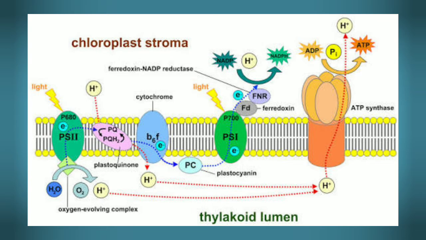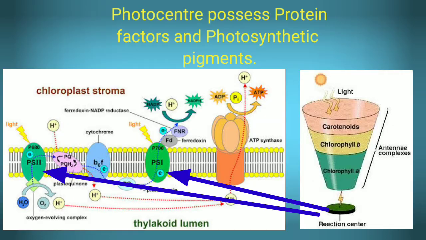These photocenters are made up of some protein molecules, and along with that there occur the photosynthetic pigments, which are chlorophyll A, chlorophyll B, carotenoids, xanthophylls, etc. And the whole light reaction occurs in this particular structure, which is called the thylakoid there in the chloroplast.